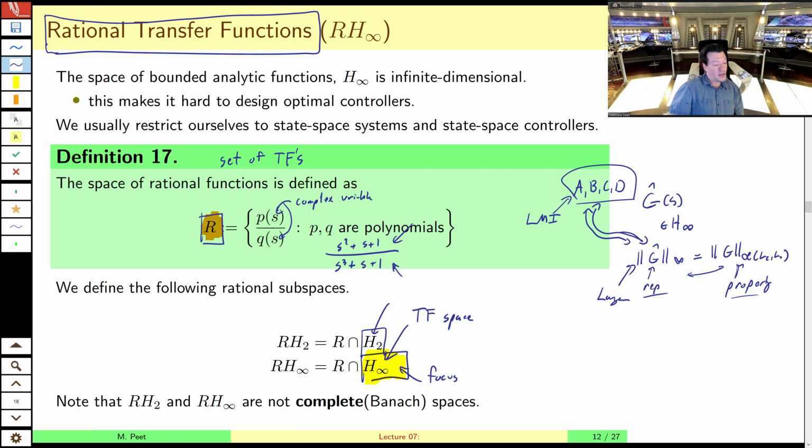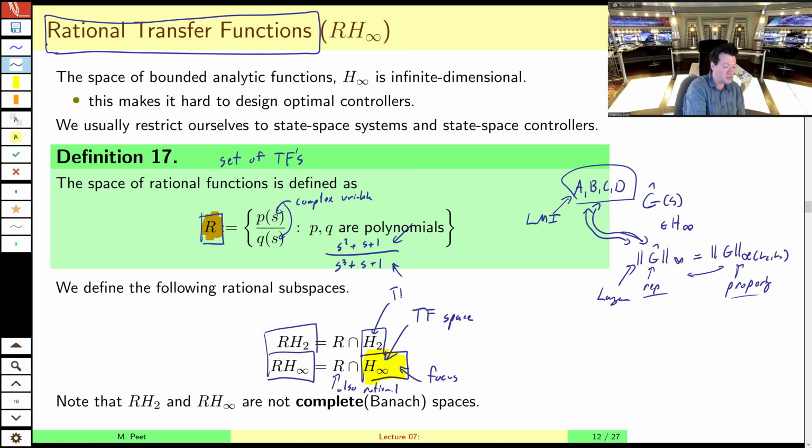Right? But then, of course, as I said, we have to restrict ourselves to ones which have state space representations. And in order to do that, we have this intersection, right? So we define the space RH infinity, which is the transfer functions which are also rational. So RH infinity is a set of rational transfer functions, where the transfer function space, the original one, was H infinity, and we can extend that to RH2, right?